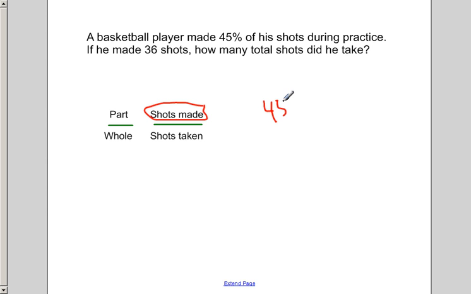Now you should recognize that 45% means 45 out of 100. So 100 is the total shots taken for this ratio. So that's his percent. Now, we also know that he made 36 shots. So that is our part.